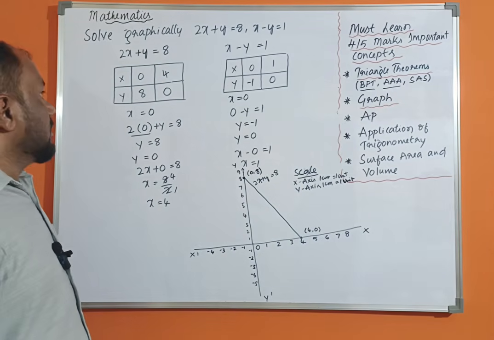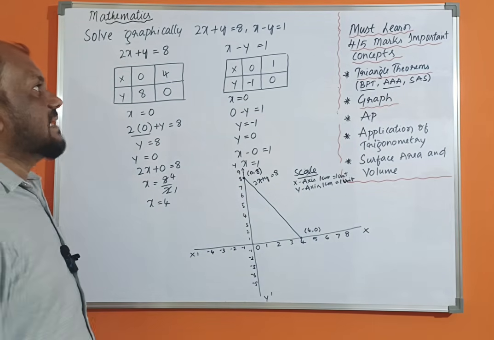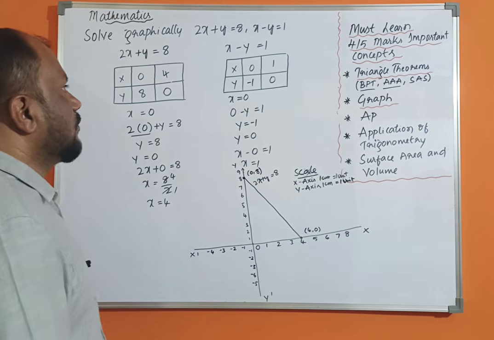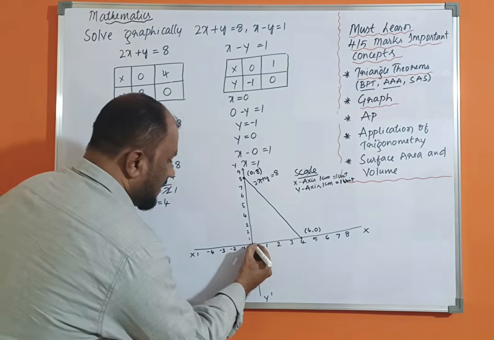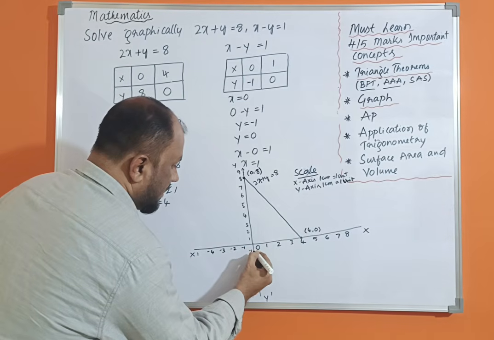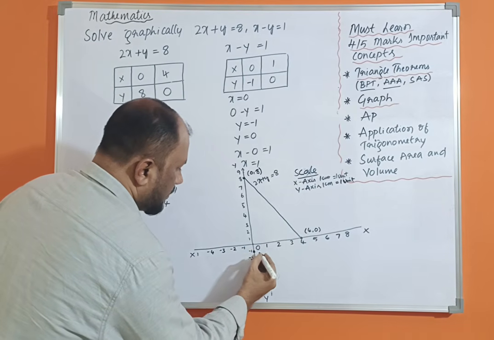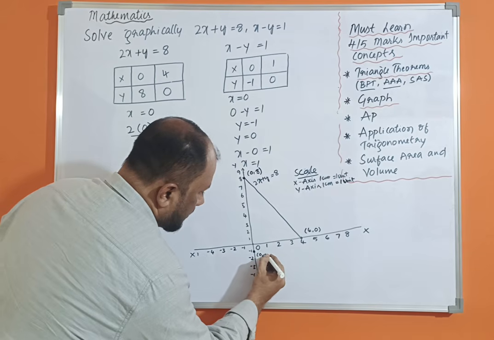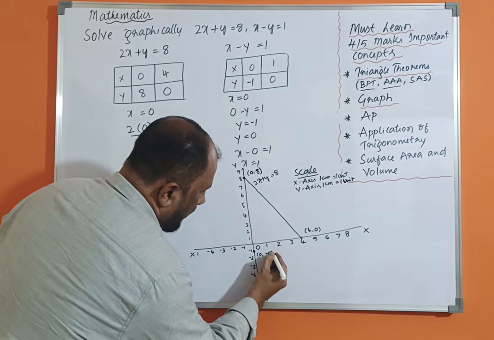Then next, the second equation, x minus y is equal to 1. Suppose the value of x is 0. This is 0, and y is minus 1. 0, comma minus 1.